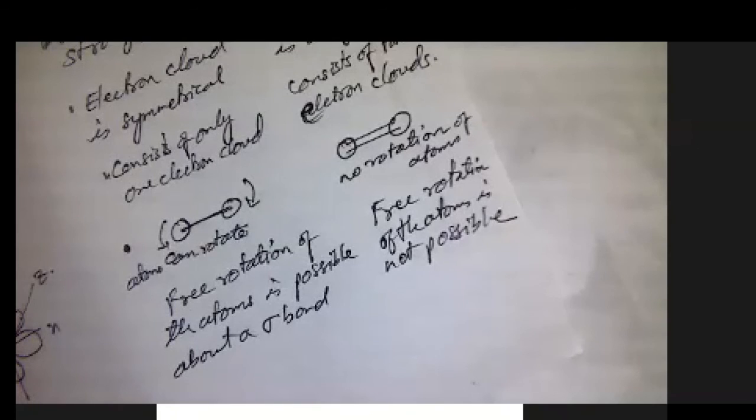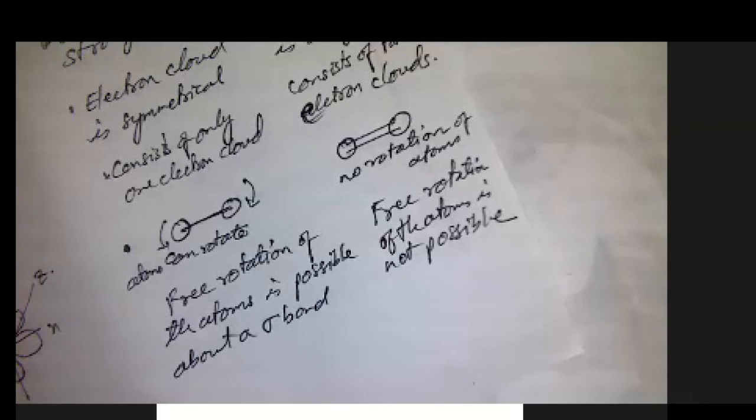Clear? So I'll just repeat one more time the main points. Covalent bonds, how are they formed? They are formed by overlapping of orbitals which have unpaired electrons, isn't it? Atomic orbitals having unpaired electrons overlap, and when they overlap, they form a common space where the electrons can be present. The orbitals undergoing overlapping must have electrons in opposite spin.